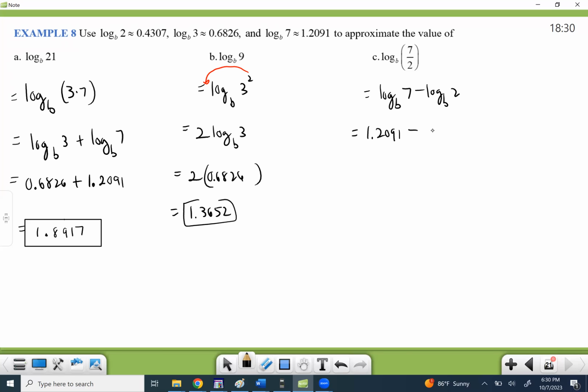And log base B of 2, I'm going to consult my calculator for this. 1.2091 minus 0.4307. All right, I'm getting 7.7784, you guys. Hopefully that matches what you have.